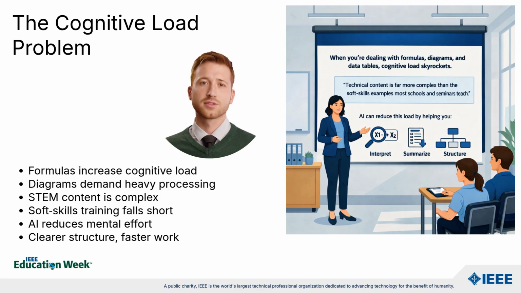AI helps reduce this load by interpreting dense visuals, summarizing complex explanations, and restructuring information into clearer, more digestible formats. By offloading this cognitive strain, AI enables designers to work more efficiently and focus on higher-value tasks such as pedagogy, narrative flow, and learner experience.